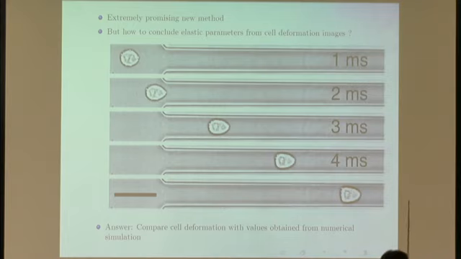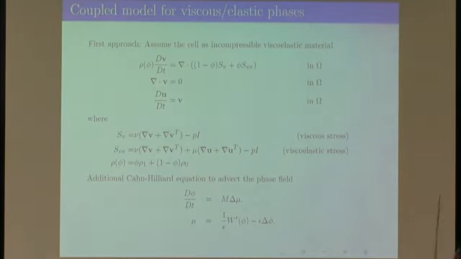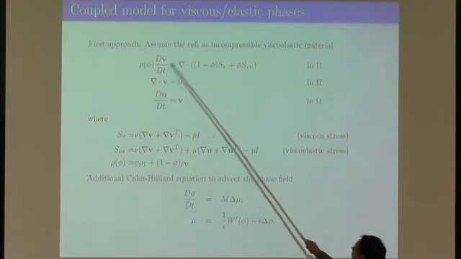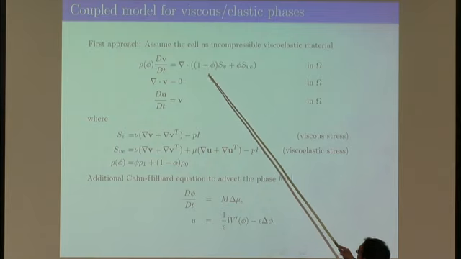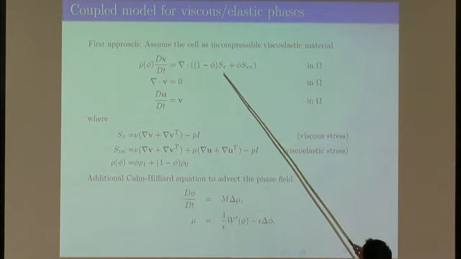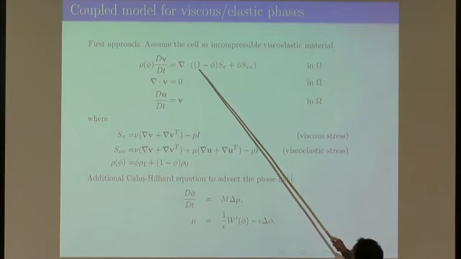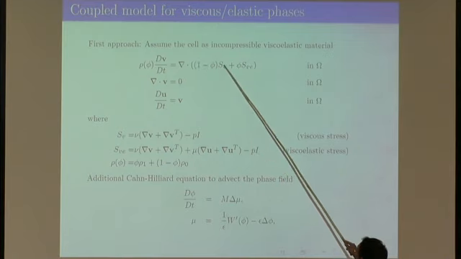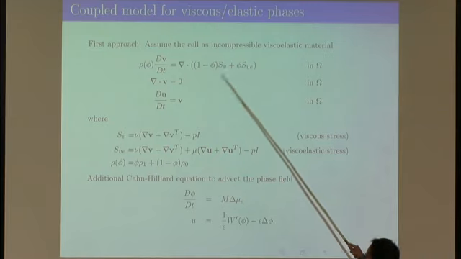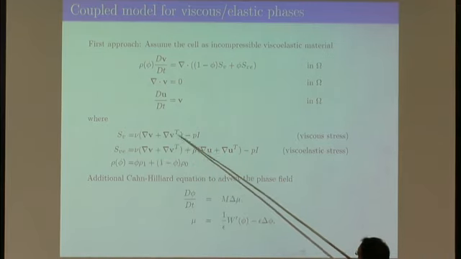Well, what you can use is numerical methods for this. And so we came up with the idea to use a phase field model. We essentially have, again, a Navier-Stokes-like equation, where in the outer fluid, where the cell is not present, the phase field is 0, and there we have the viscous stress, which is here.